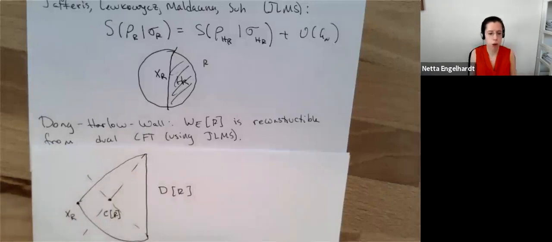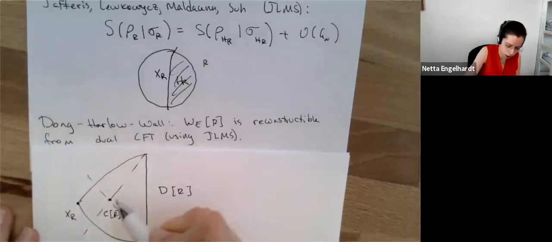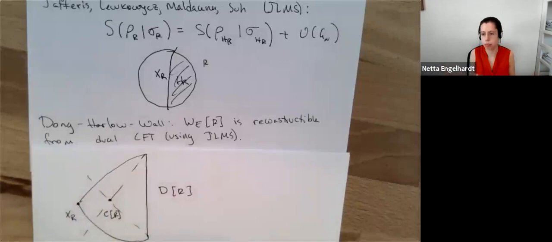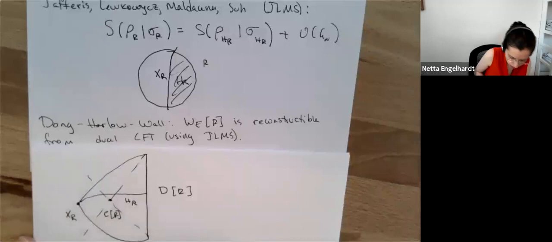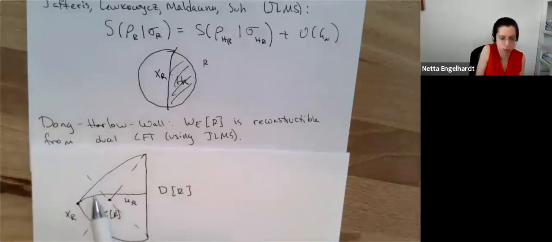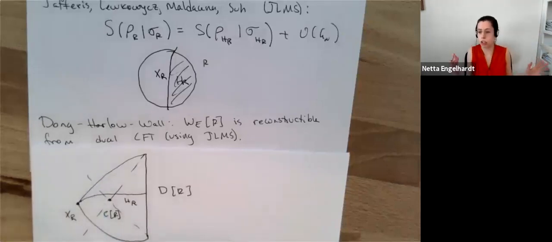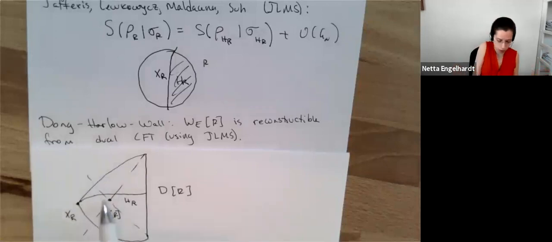And we say, suppose that we know we can reconstruct the causal wedge, that's just HKLL. And when I say reconstruct here, I mean reconstruct the bulk quantum fields propagating on it. And suppose we can't actually reconstruct the entirety of the entanglement wedge. Then if this is our HR, there could be some subsets of HR that we just can't reconstruct from the dual CFT.